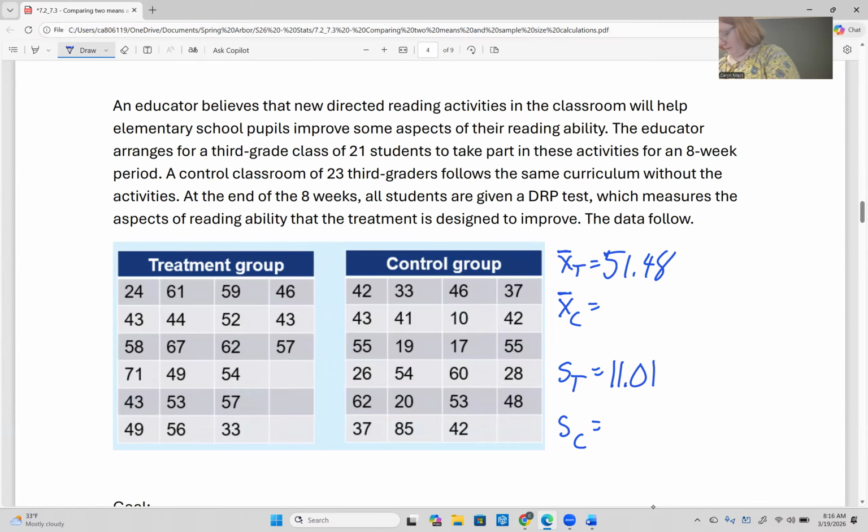I have the numbers. You should get 41.52 for X bar if you put them all in and found their average. And you should get 17.15 for the control standard deviation.